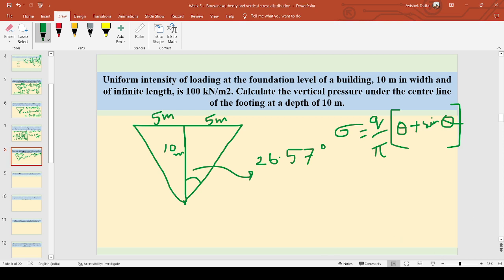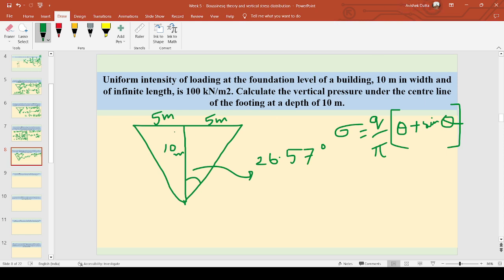Yes, in this case, if we take the angle as theta, this problem is a bit different from the previous problem. Why? Because we have to convert this angle into the radian. So which angle should we convert in this case?